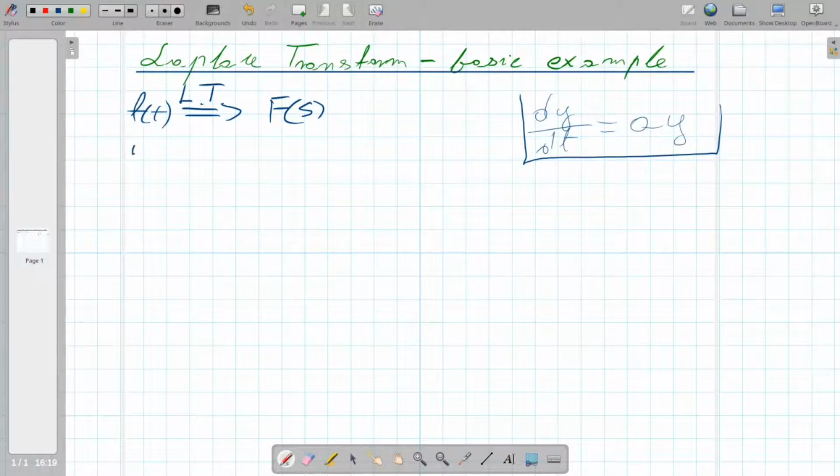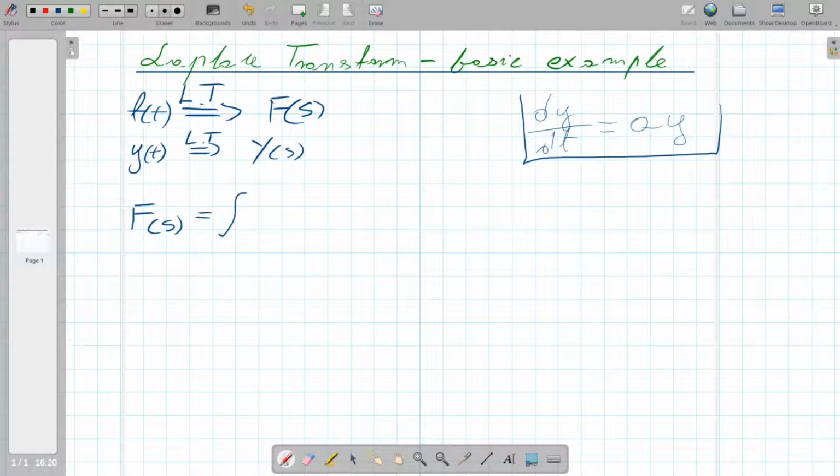So in our case, our function y of t will be denoted after the Laplace transform as Y of s. So how do we perform this change of domain? The Laplace transform is defined in this way.